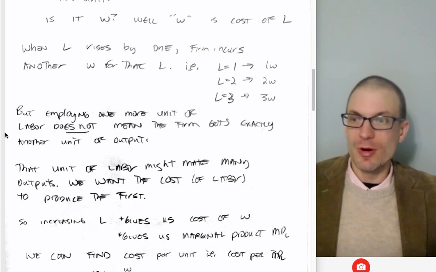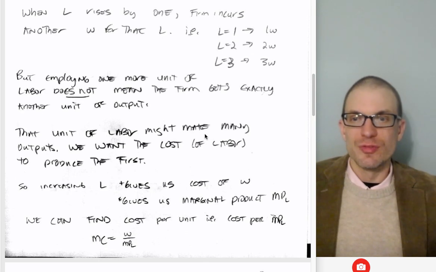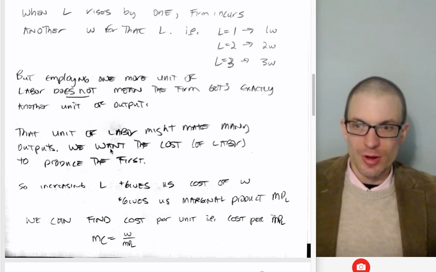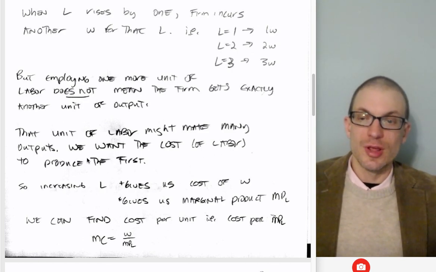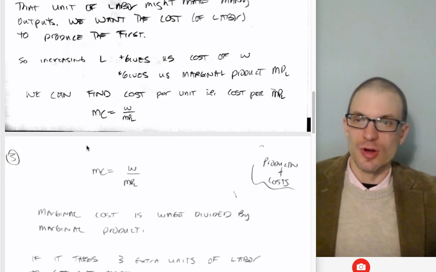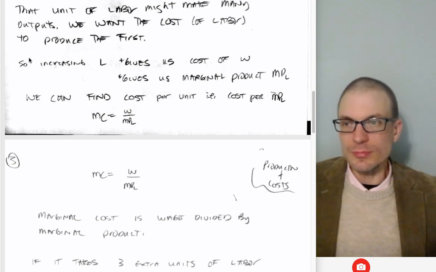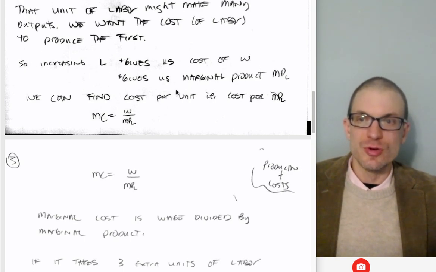Employing one more unit of labor does not mean the firm gets exactly another unit of output. A unit of labor might make many units of output. So what we want is the cost of labor to produce just the first unit, the marginal cost of that first unit. Increasing L gives us the cost, W. It gives us the marginal product, MPL.